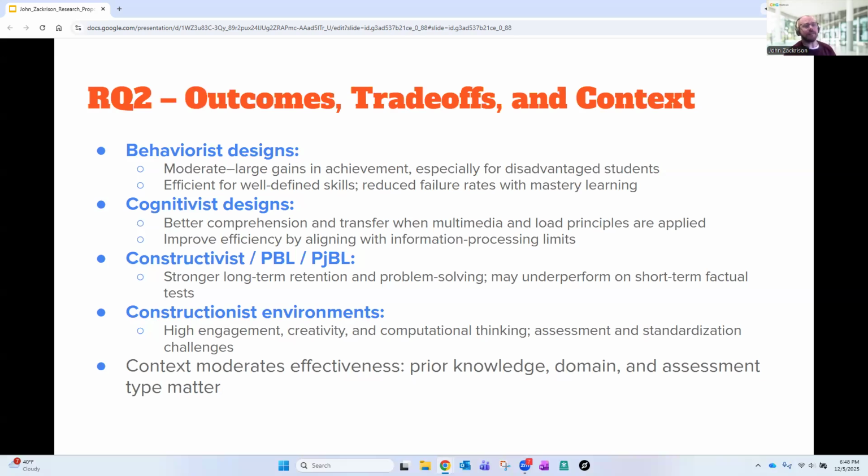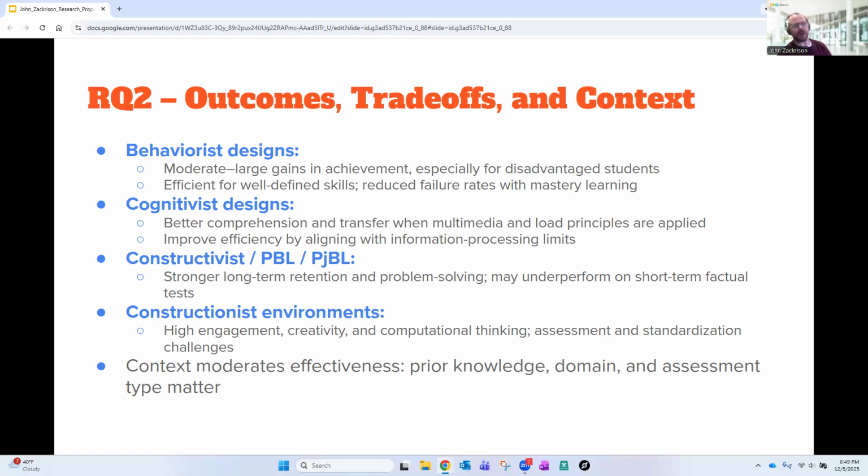For cognitivist designs informed by multimedia learning and cognitive load theory, studies show improved comprehension and transfer when principles like coherence, signaling, and segmenting are applied. And so these processes improve efficiency by aligning instruction with our human limits.